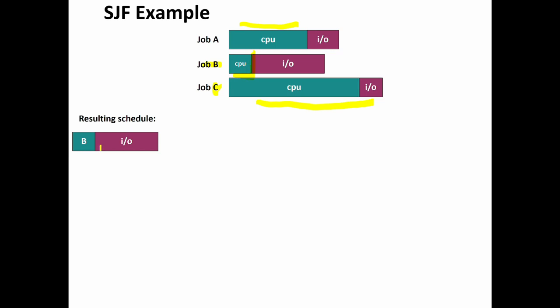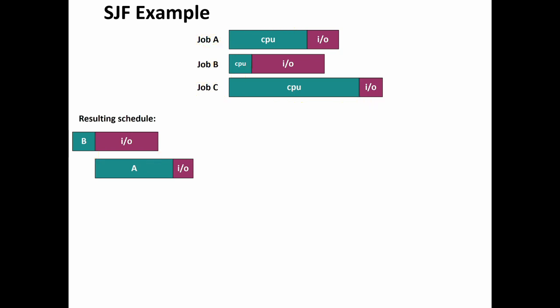Now at this time the scheduler will run, and it will look at the ready queue. In the ready queue, we will have job A and job C. Which one would it pick? Well, job A has a shorter CPU burst, so job A is scheduled and it will run here.